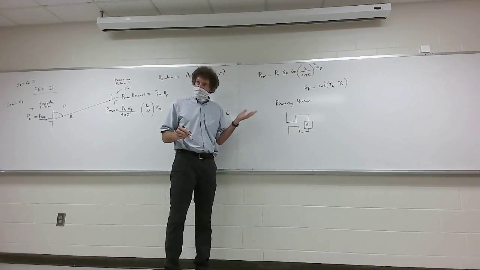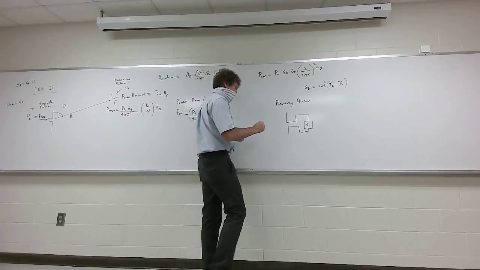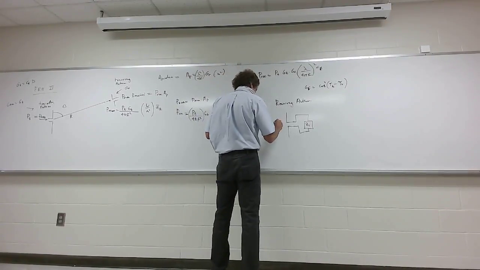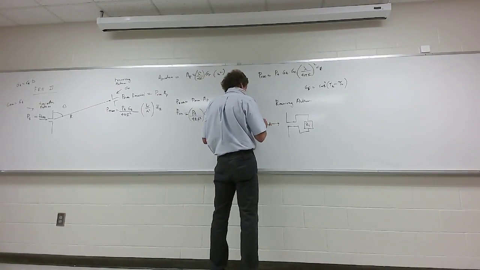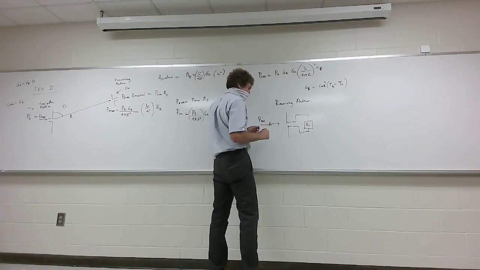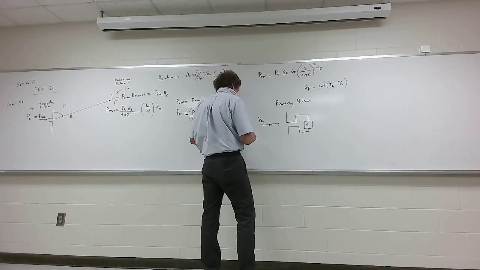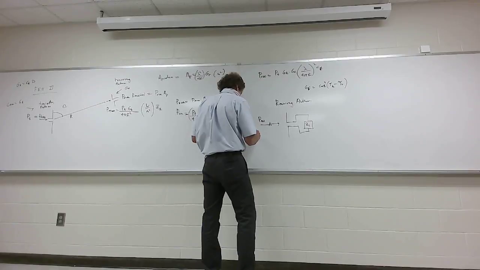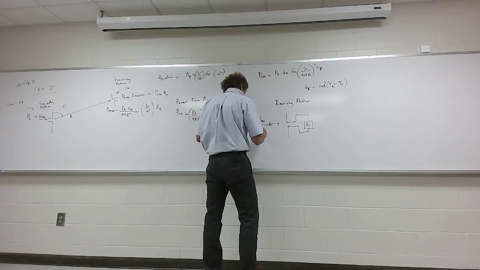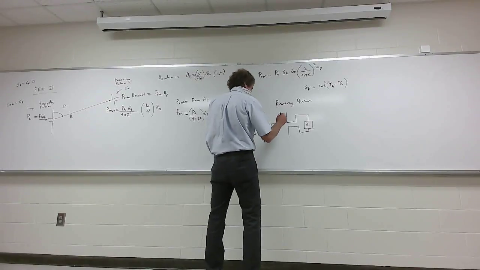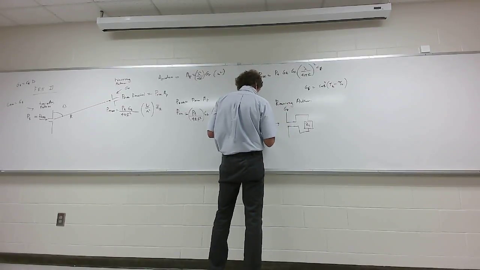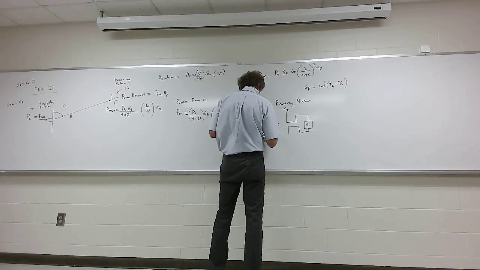If you just have an antenna, I'm using a straight wire antenna, and you have some power density, some P_av incident on here, it'll cause a certain amount of power P received to be equal to lambda squared over 4 pi times gain of the receiver, times the actual average power density.